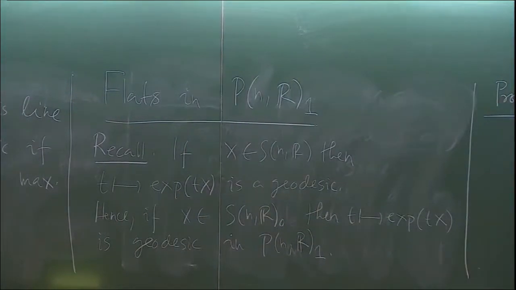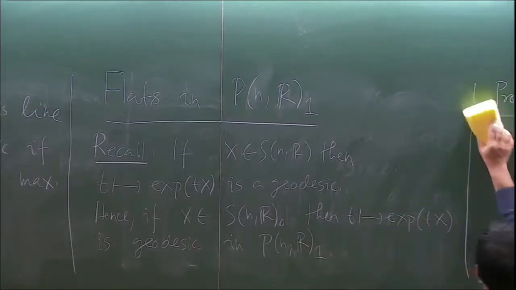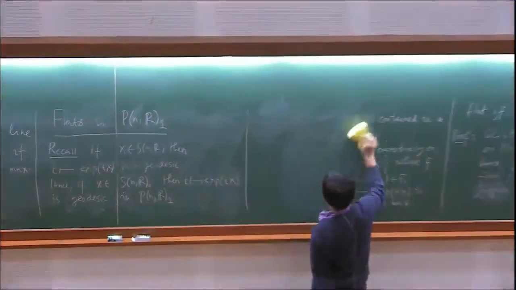And since any geodesic passing through identity is of this form, given any point inside PnR1, I can join it to identity. So this full geodesic line is contained inside PnR1.